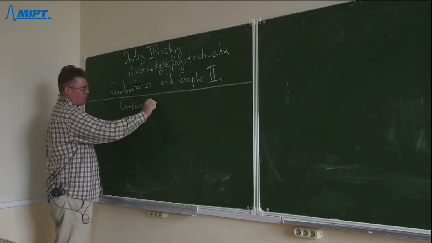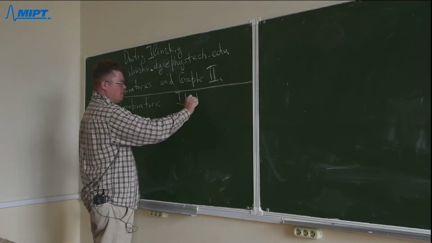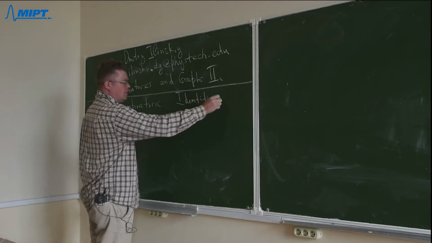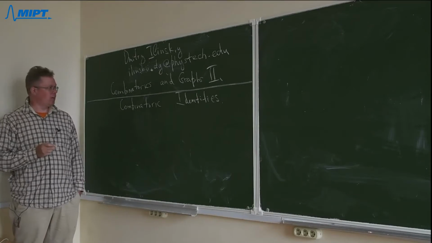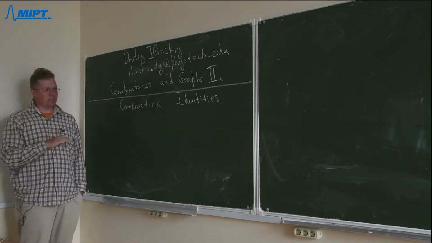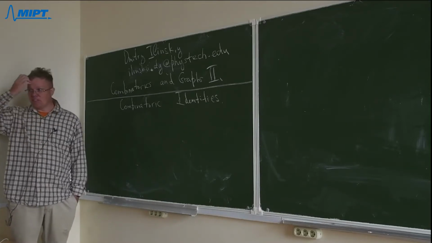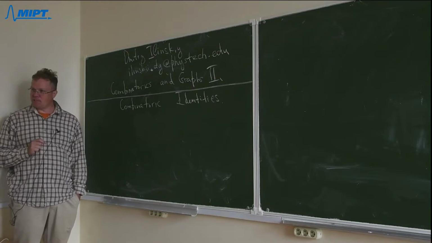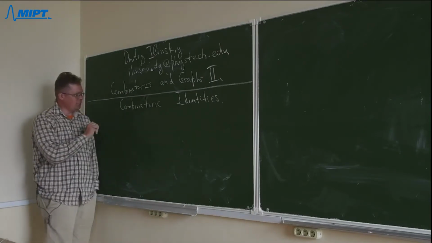So we're familiar with some combinatorial identities. Okay. Do I need to remind you what arrangements and combinations are? Like permutations? Yes, permutations, arrangements. Are you familiar with this? Okay.